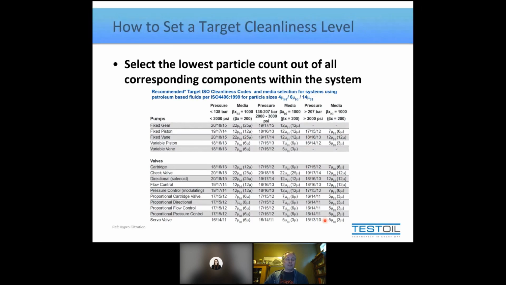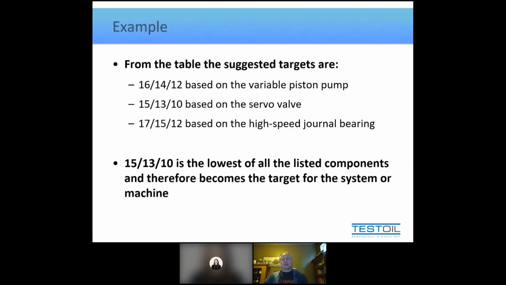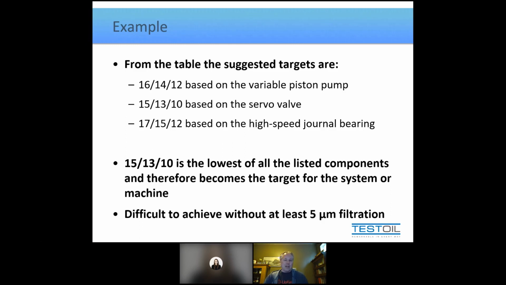Now, why I really like this piece of information is that if I know my existing filtration is, whatever it might be, 8 microns, 12 microns, 25 microns, who knows where it is, that target will be very, very difficult to achieve. So I like the Hypro chart just because it acts like a bit of a check, right?